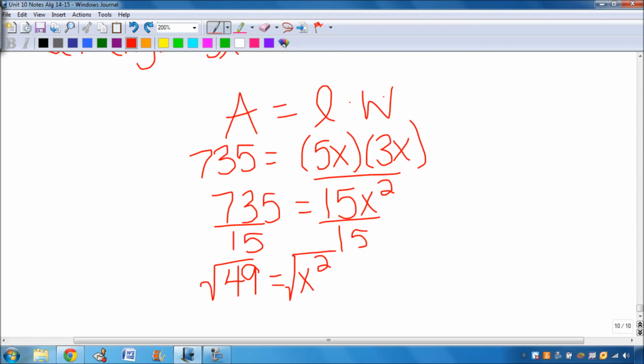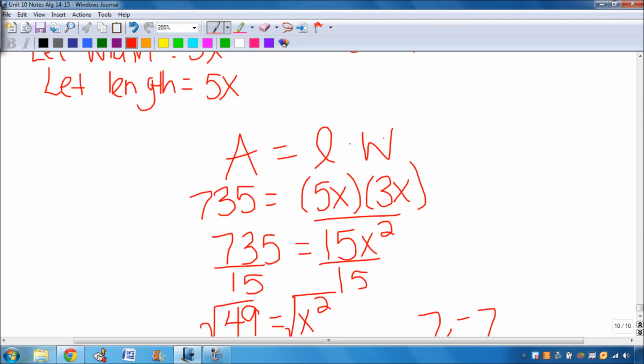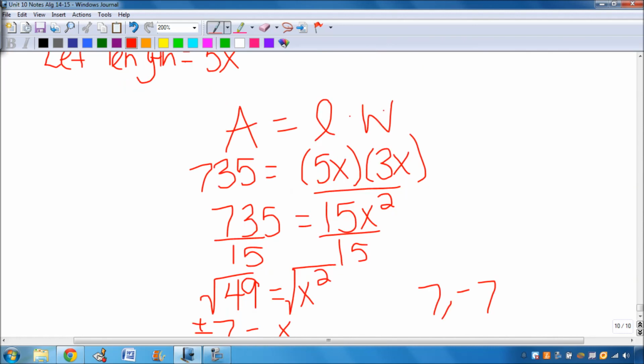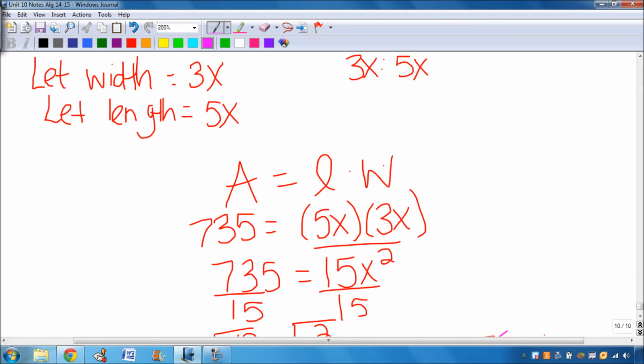So when you square root both sides, you end up getting 7 as a positive or a negative is equal to x. So you can say that your answers are 7 or negative 7. However, same thing, there's no way you can have a width or a length be a multiple of negative 7. So what we're going to do is we're going to omit this answer. It does not work, okay? So that means that our width is 3 times 7, or 21 units, and our length is 5 times 7, or 35 units.